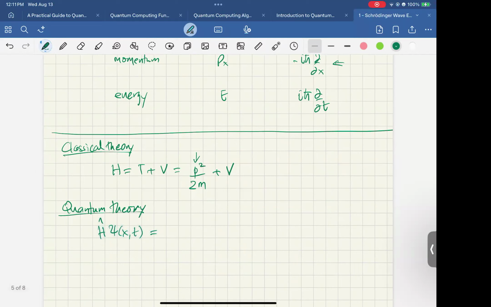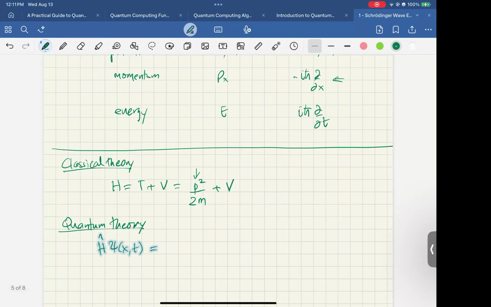So we write then negative i. Remember when you do this, p squared is p star p. So we have negative i star, so negative i times i, that's negative 1, and then h bar squared.